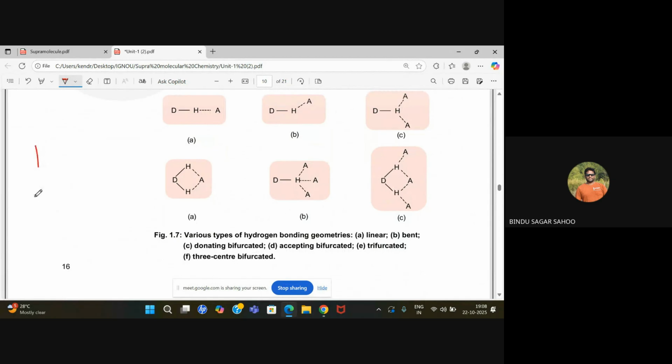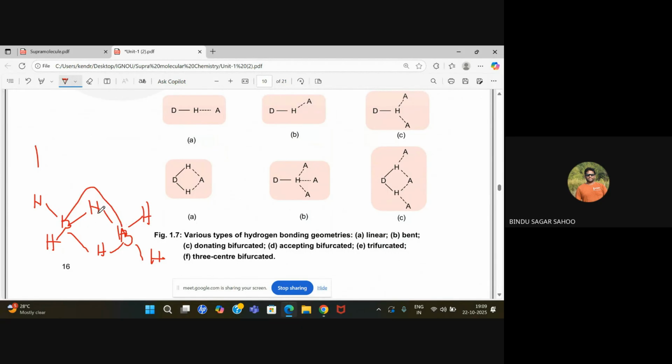Diborane B2H6 structure: boron, hydrogen, boron, and here also hydrogen, here boron atom, here hydrogen, here also hydrogen. So these three atoms, this is called a three center two electron system.